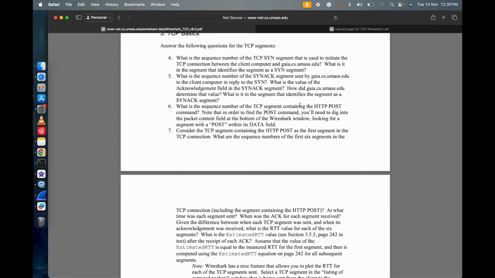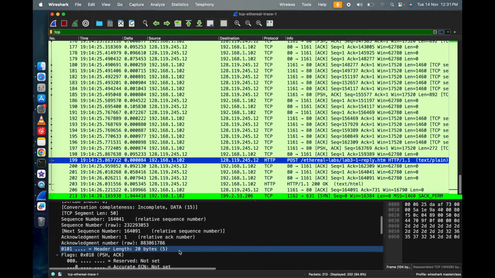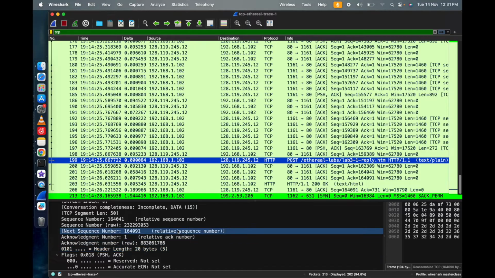What is the sequence number of the TCP segment? Yeah, the sequence number. What was the question asked, right?